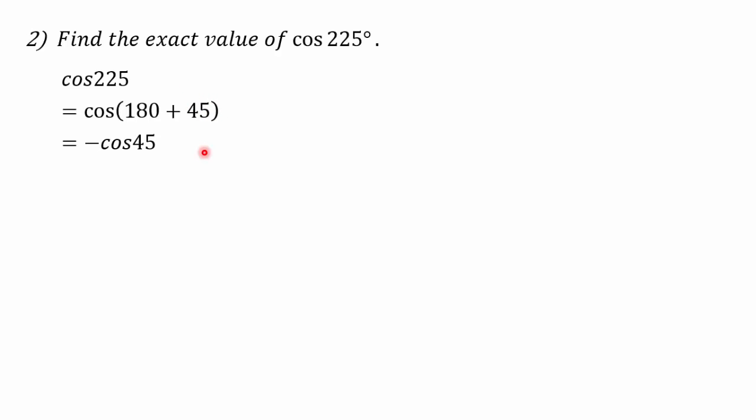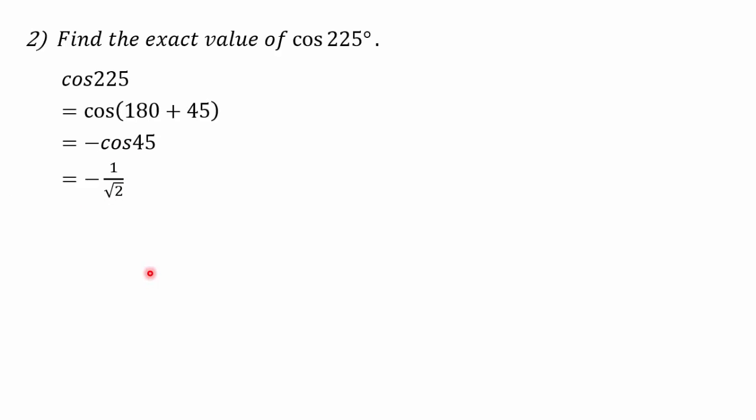Now I know that according to my definition, cosine of 180 plus theta is equal to minus cosine of theta. So theta is 45, so minus cosine of 45. And my exact value triangle gives me 1 on root 2 for cosine 45. So that's just minus 1 on root 2.